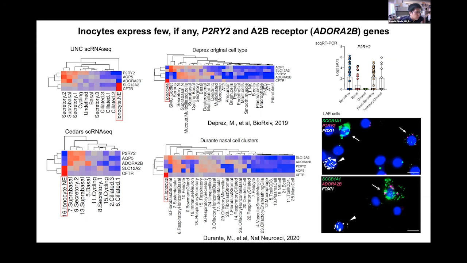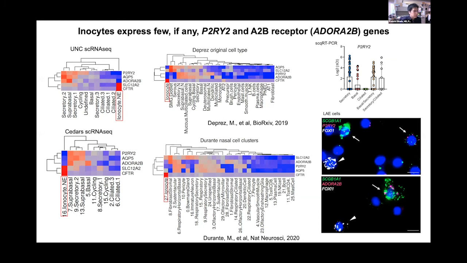And also we look at each single cell for these receptor genes. SCGB1A1 positive cells co-localized with the P2RY2 receptor gene, but FOXI1 positive ionocytes didn't express these genes. And the adenosine receptor is also highly expressed in secretory cells, but not ionocytes.